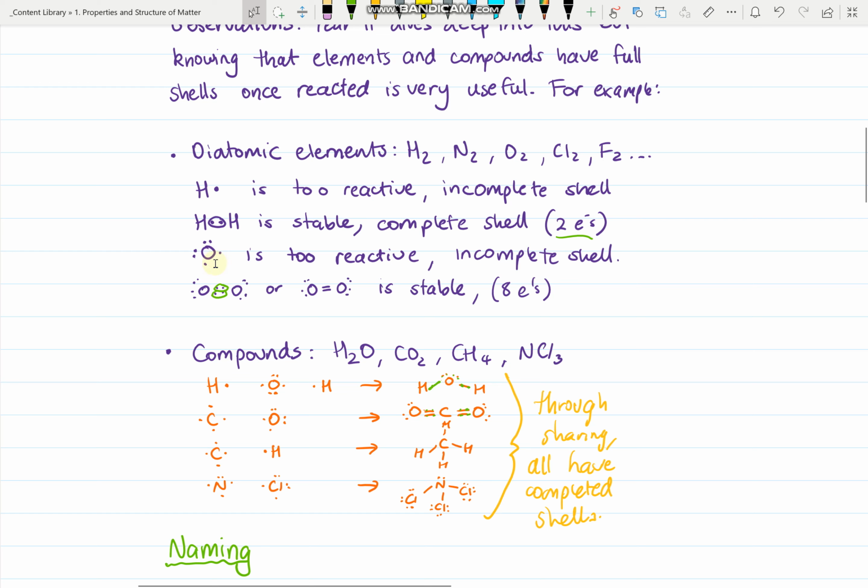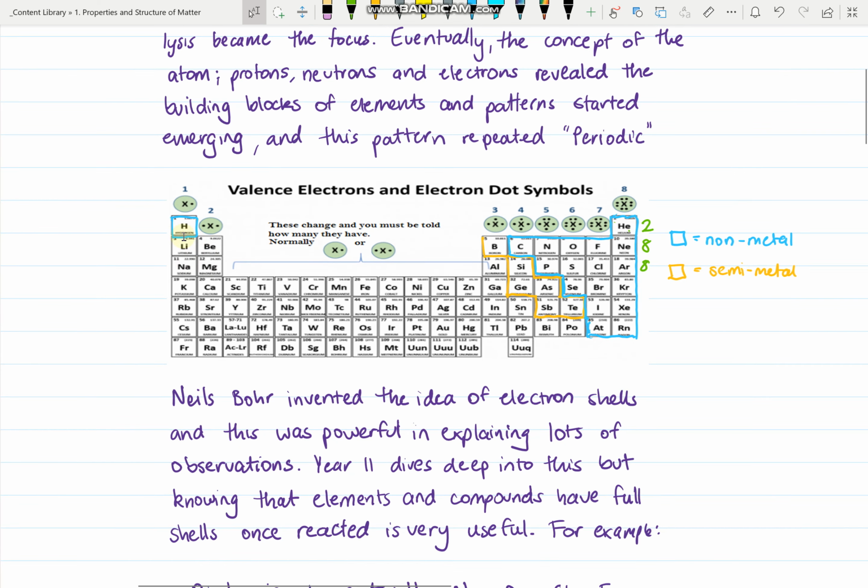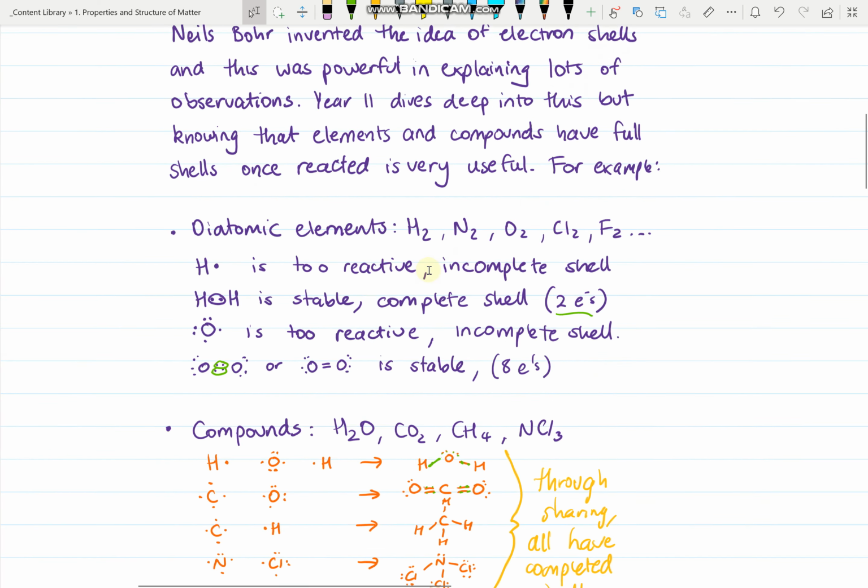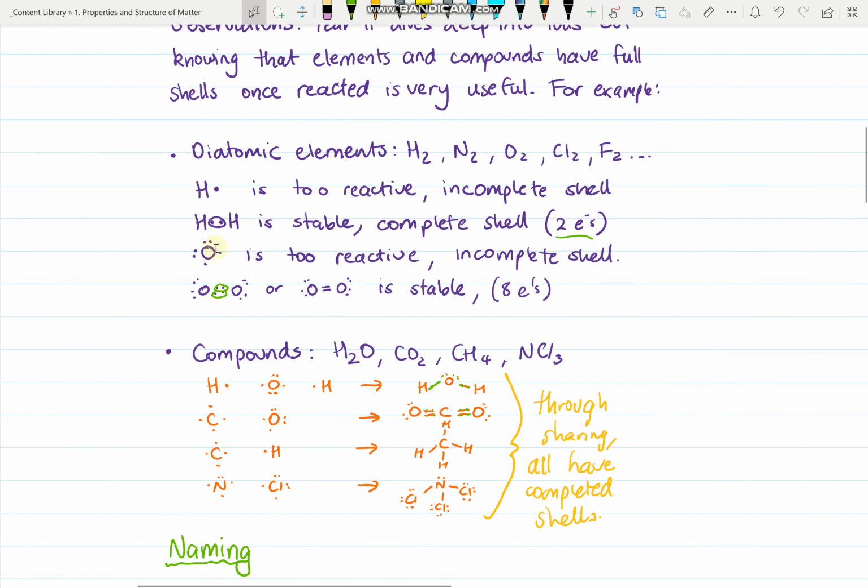Similarly, you'll never find oxygen by itself. It's got 2 spots before it completes its shell. By the way, things on the left-hand side lose their electrons, and things on the right-hand side gain electrons. Metals lose, non-metals gain. So oxygen needs to gain 2 electrons, and through sharing it does that twice.